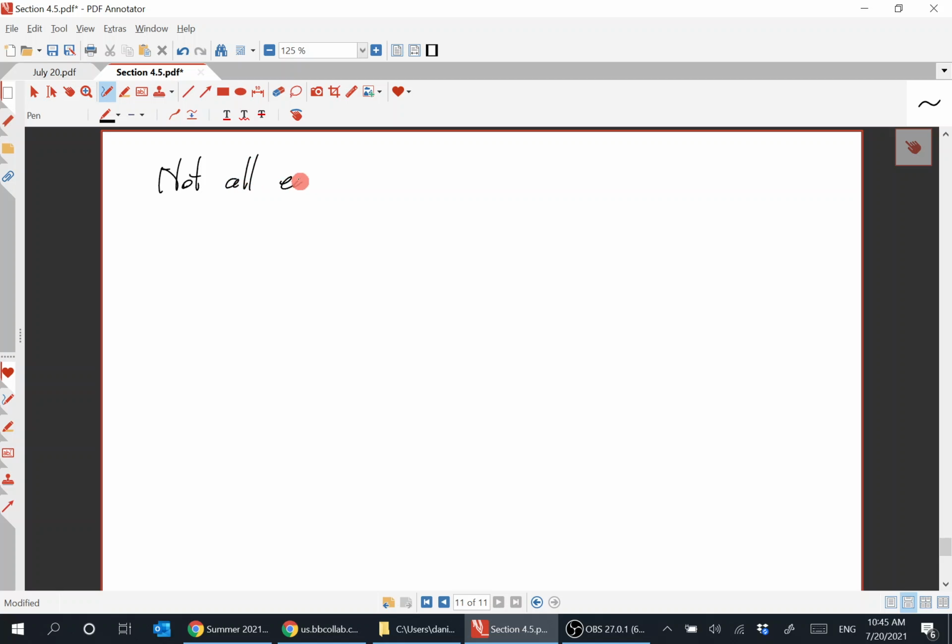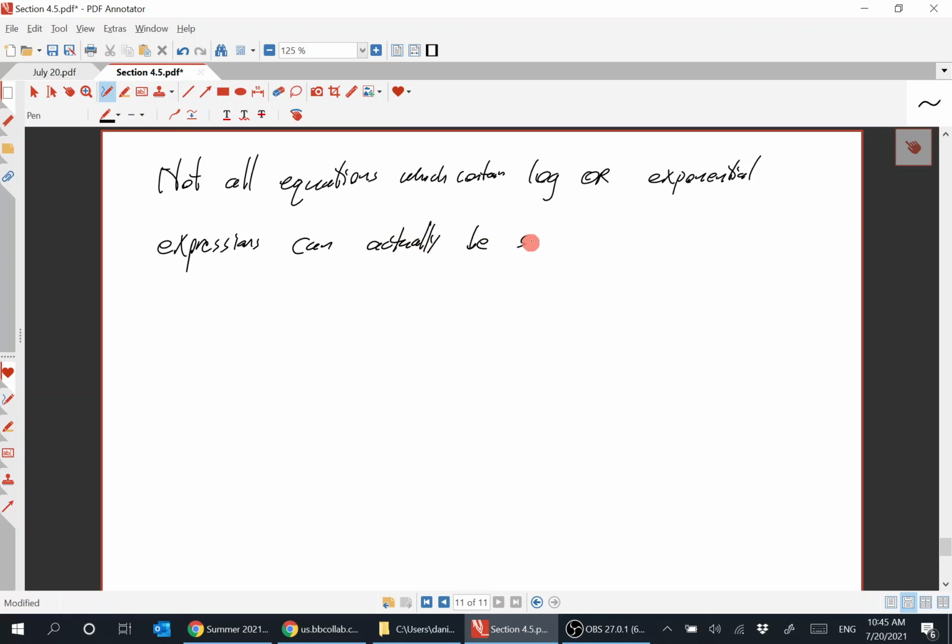Not all equations which contain log or exponential expressions can actually be solved algebraically.